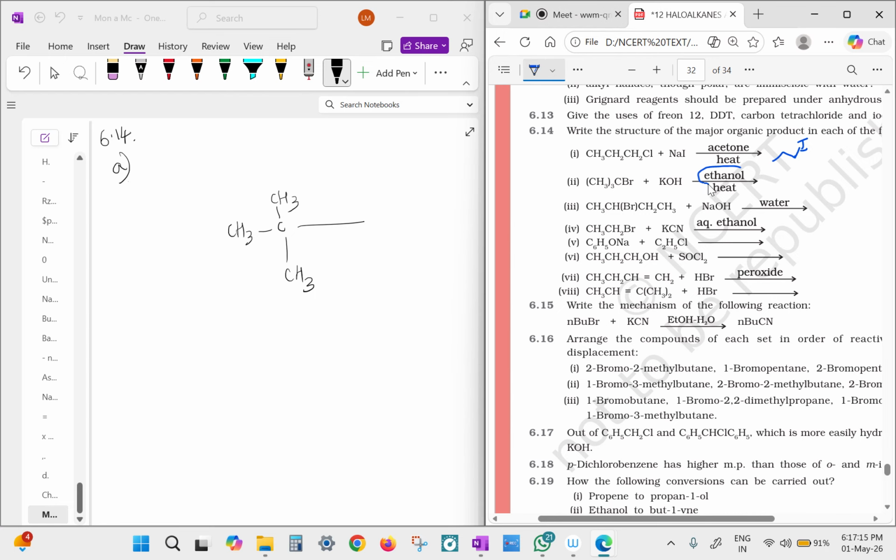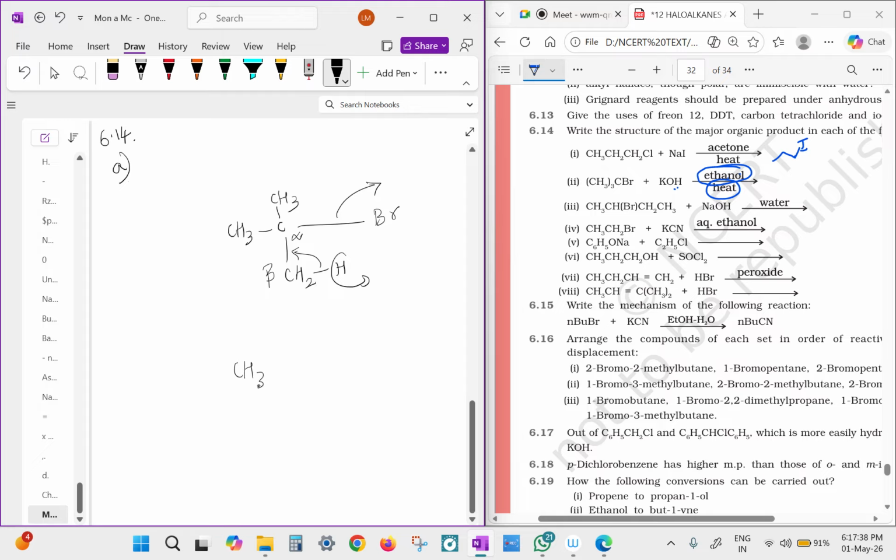The moment you see ethanolic KOH, alcoholic KOH, and heat, it ensures that it is elimination. So we will go for the beta hydrogen. So this is alpha, this is beta, na? This carbon is beta. So we can take out a hydrogen, put the electron pair inside, take out the bromine. So you are going to get 2-methylpropene. Is it okay? So in other words, you are going to get a double bond with 2 alkyl groups. Clear?